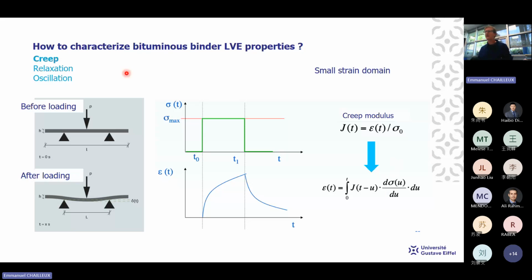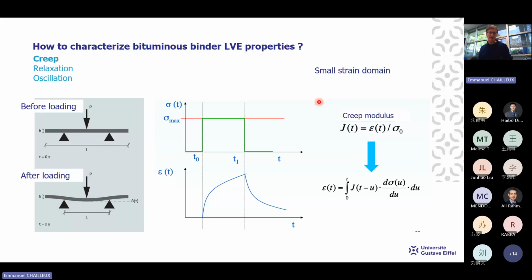And we can have the inverse hereditary integral using a relaxation test, where we will have the stress over time depending on the relaxation modulus and the history of strain. So it's a way to get the linear viscoelastic properties of a viscoelastic material, and also bitumen.